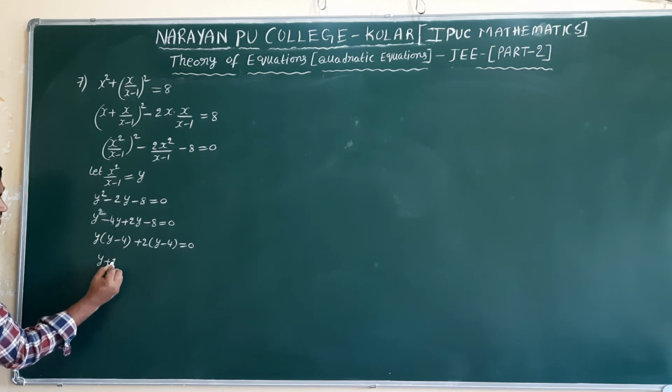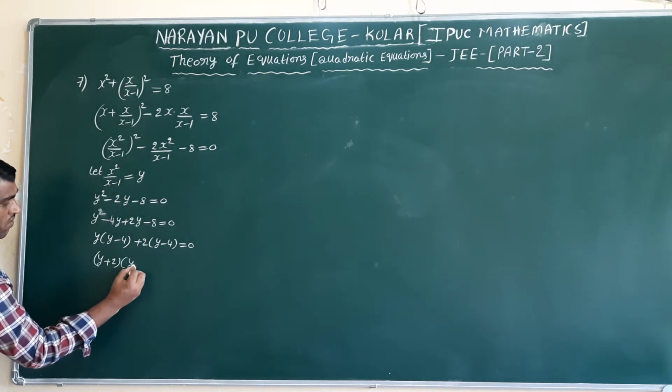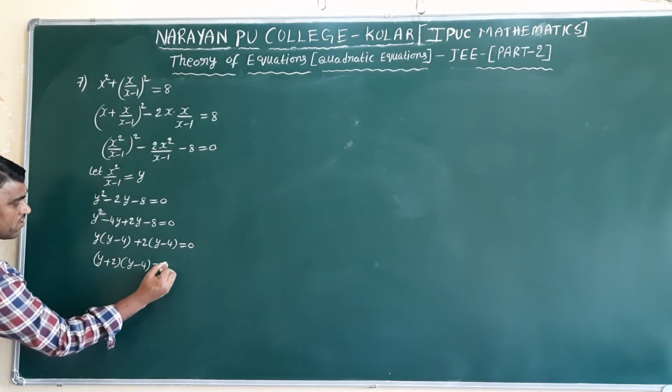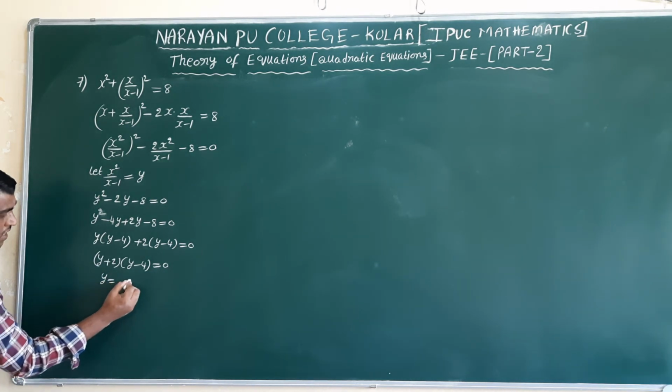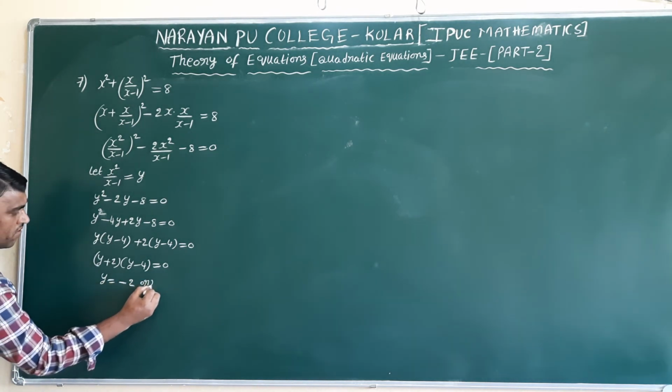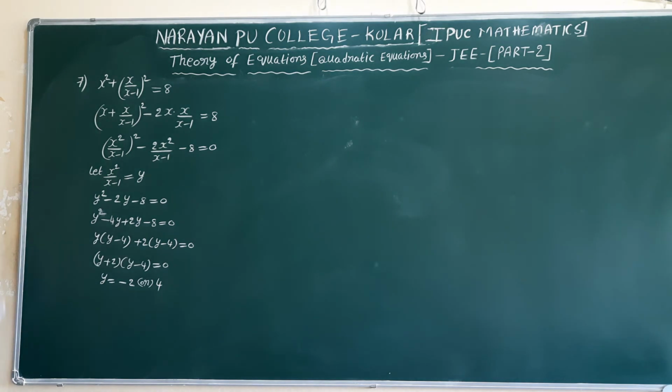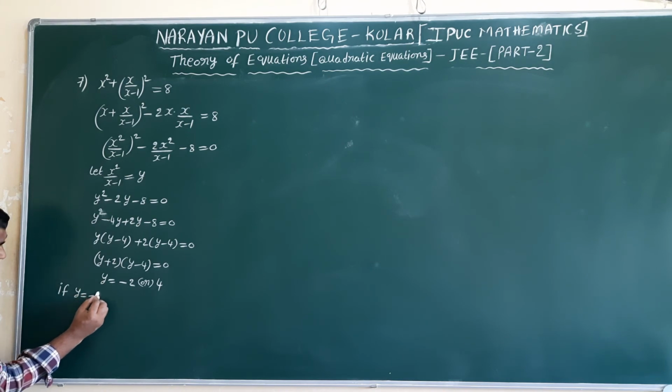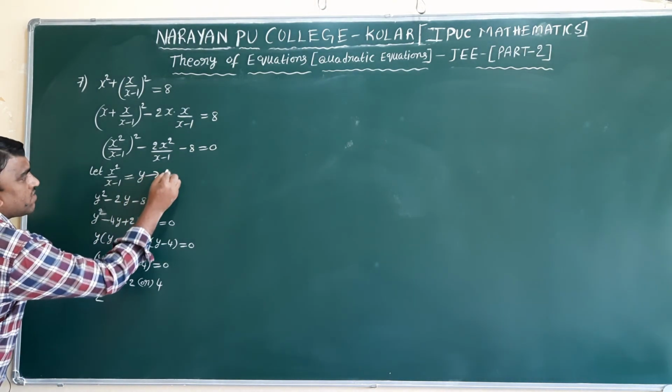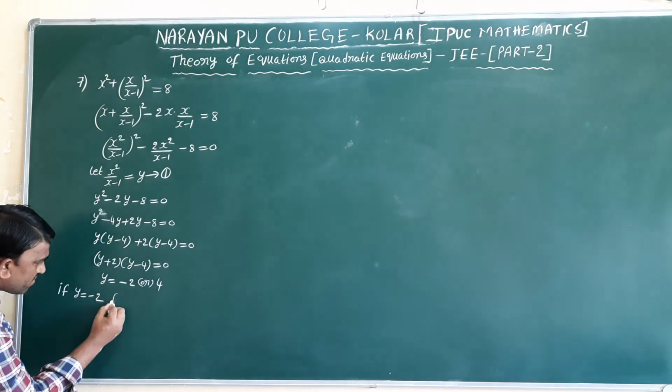Factors are y plus 2 into y minus 4 equal to 0. y values are either minus 2 or 4. If y value is minus 2, you can substitute here. If y equal to minus 2, take it, it is 1 from 1.